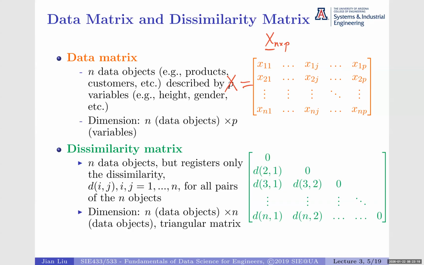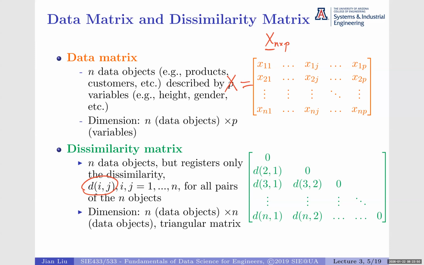This is a symmetric matrix because the dissimilarity between A and B should be the same as the dissimilarity between B and A, right? If we use D to denote the dissimilarity, D(i, j) means the dissimilarity between data object i and data object j.